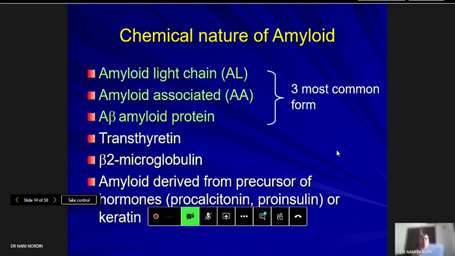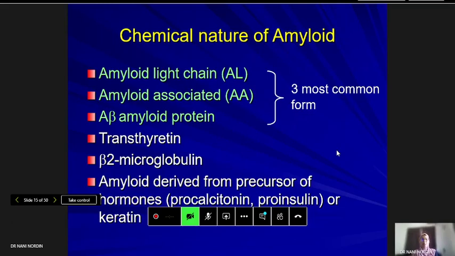The different chemical nature of amyloid depends on the different types of chemical nature of the fibril. The three most common forms, also called the major forms of the amyloids, are these three types: what we call AL or amyloid light chain, AA amyloid, which is amyloid associated protein, and A beta amyloid protein.